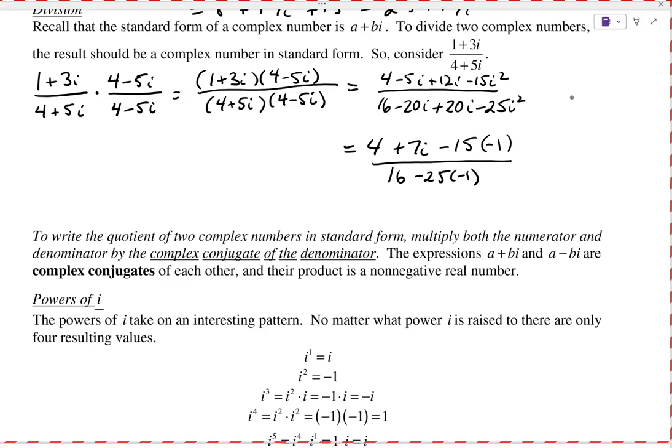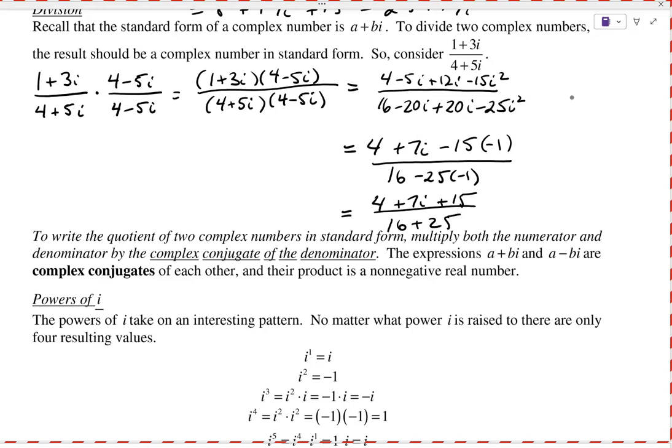So then we have a minus 25 times a negative 1. When we simplify our multiplication there, negative 15 times negative 1 makes a positive 15. Negative 25 times a negative 1 makes a positive 25.